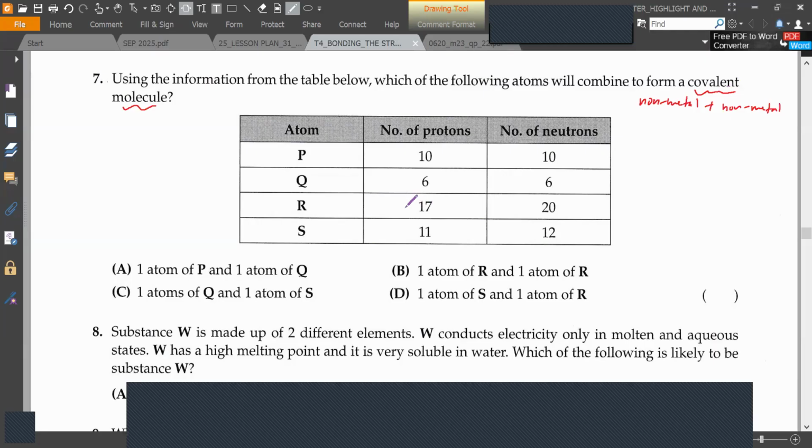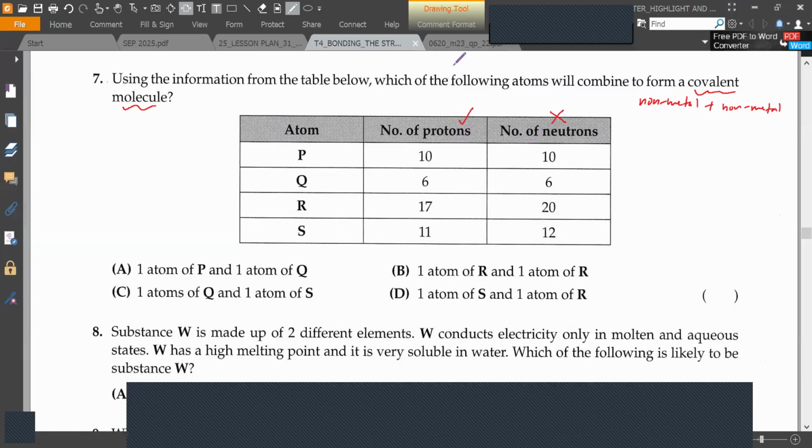It is always useful to find out what element it is. For covalent bonding, the number of neutrons is not that important, so we don't need to consider that. We mostly look at protons.